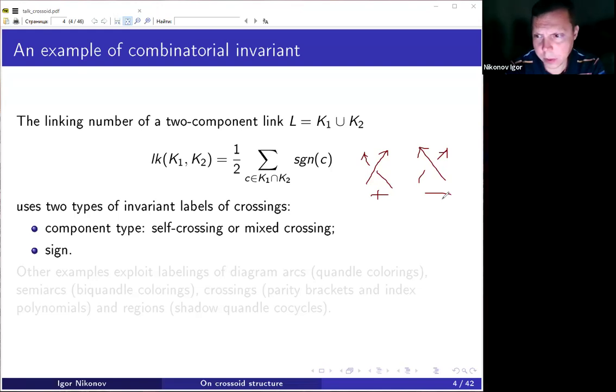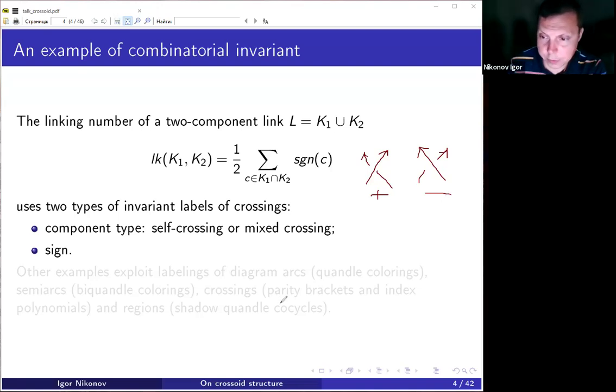And another label is the component type of the crossing. For a two-component link, we have two types of crossings: self-crossings of one component and mixed crossings where two different components intersect. And we take the sum only for mixed crossings. So we use these labels to construct some number which is a link invariant.